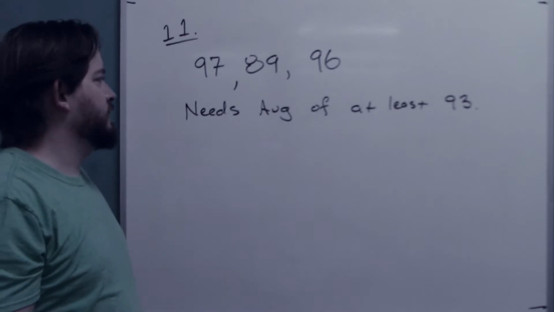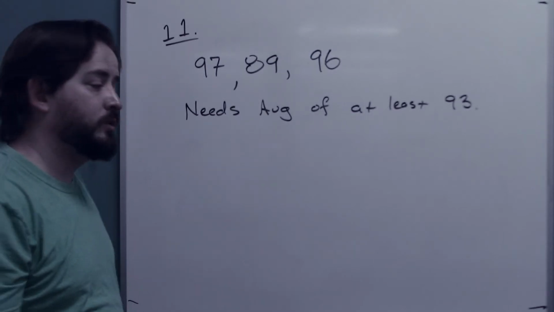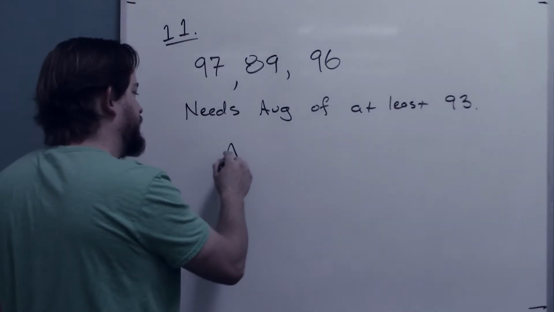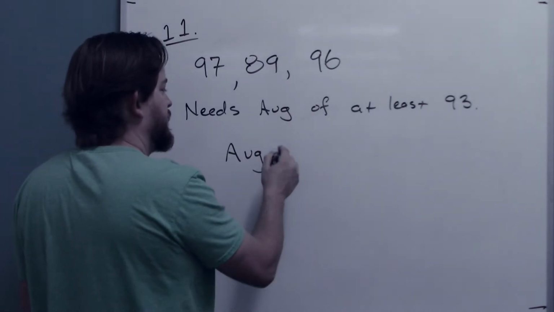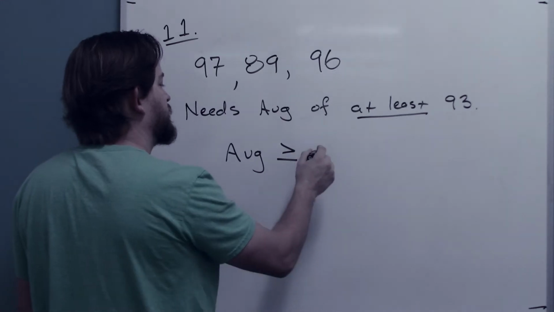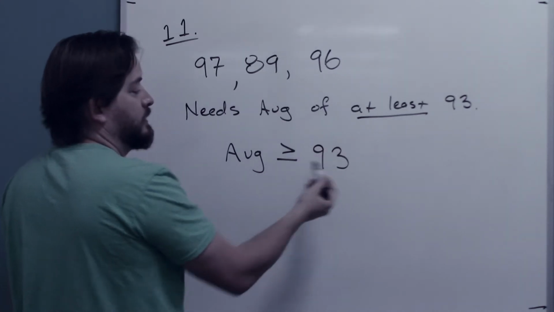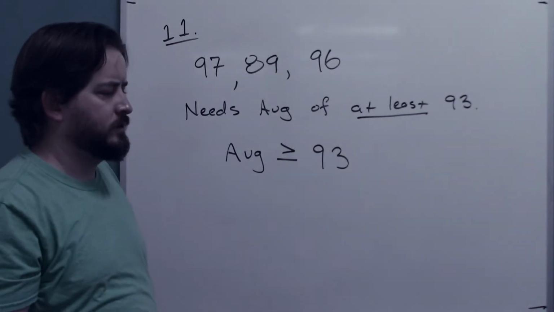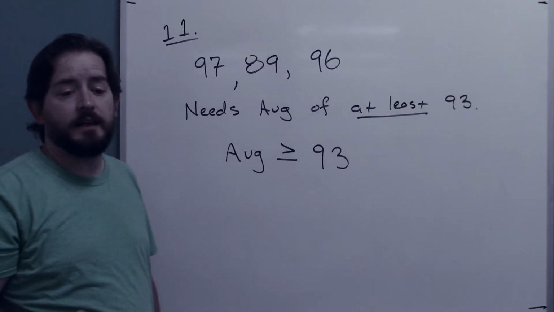So they're asking you what can her last score be. So really what we want is her average of the tests has to be greater than, and at least means greater than or equal to 93, right? She gets that, she's got an A, or whatever it is that she's looking for to pass the class.